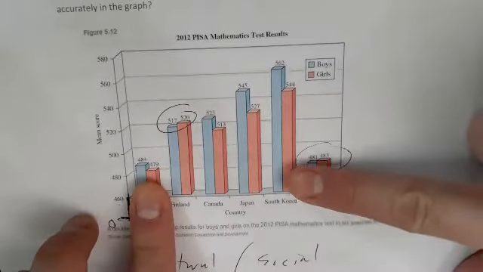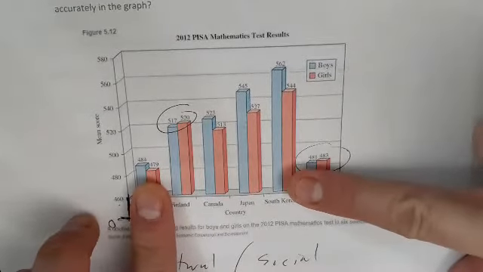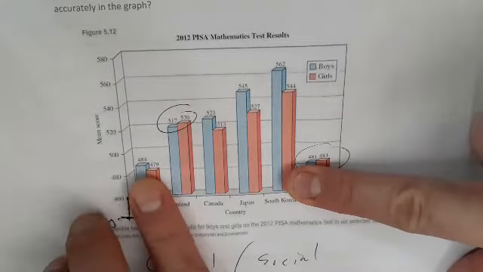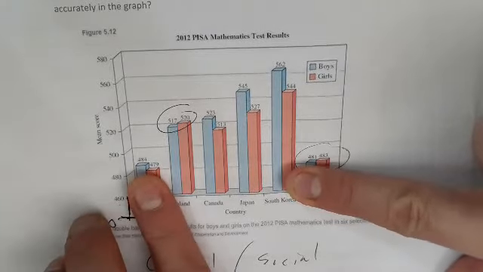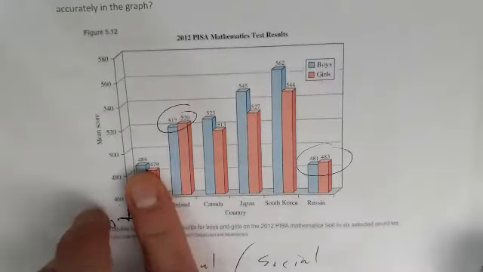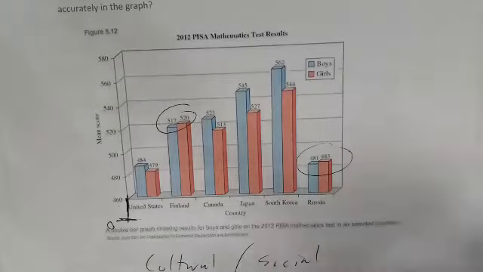Notice if I start deleting part of these bars, I'm only looking at this difference here. It's making that difference look larger and larger the more of this bar that I delete. So those bars look very drastically different in size, whereas those two look a little bit closer, right?